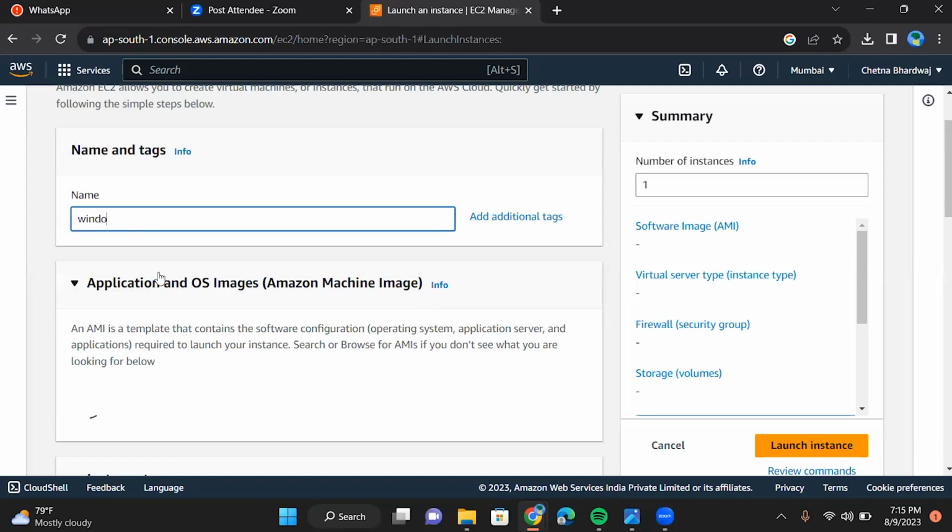It's still loading. We have different images: Linux, Ubuntu, and Windows, Windows base server.